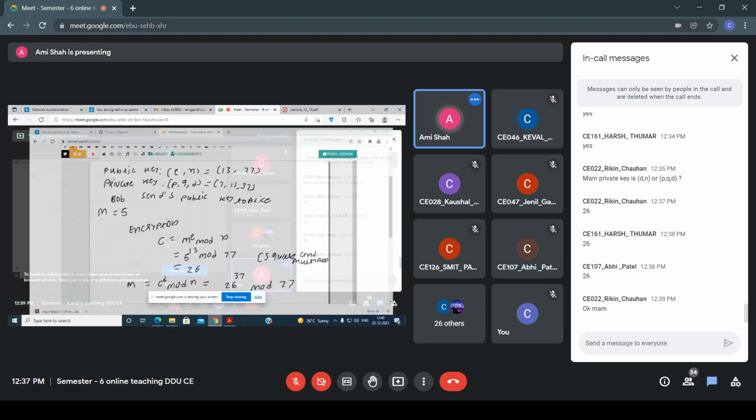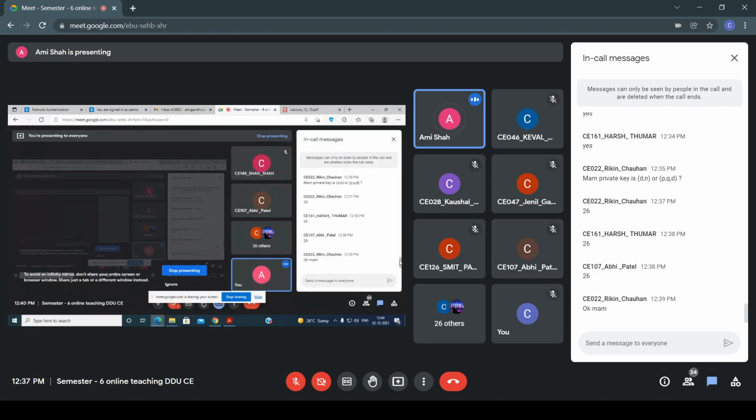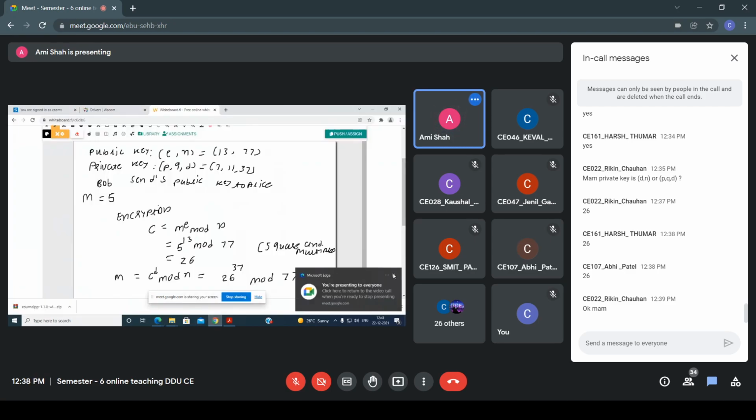All of you know that the answer is actually 5, right? But do the square and multiply method, calculate it, and show me whether you are getting the value 5 or not. Quickly do it.